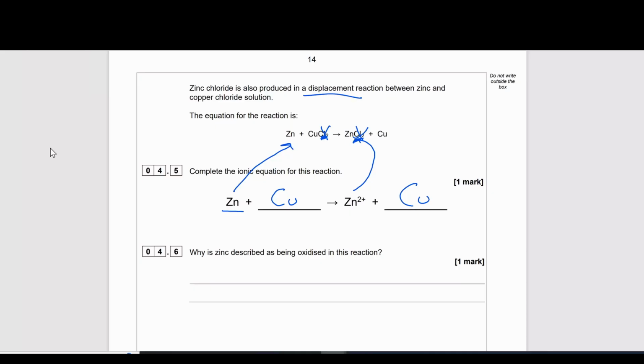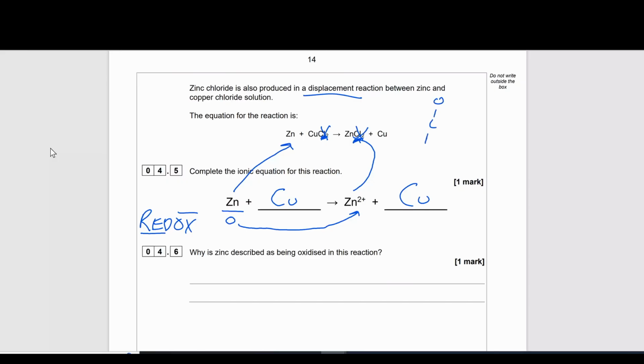Let's look at what happens to the zinc first, because the ionic equation is also an example of a redox reaction. And redox means reduction and oxidation occurring in the same reaction. So let's see what's happened to the zinc. It started off as metallic zinc, so it has no charge, no number next to it. It then goes to form Zn2+. So if it's a positive, that means it's lost electrons.